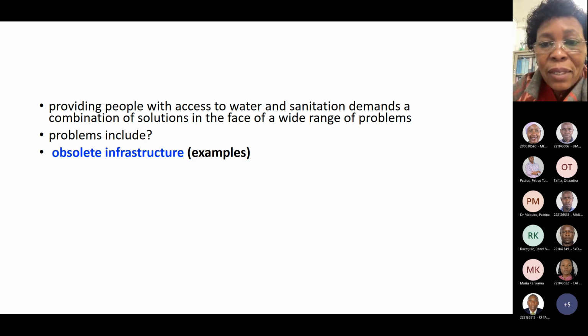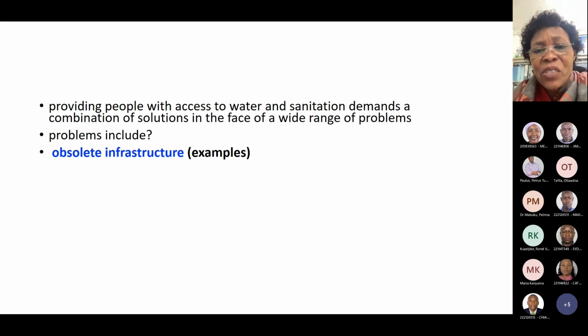One of the challenges that particular area was facing was obsolete or poor infrastructure. When water and sanitation infrastructure is put in place, in most cases it considers the number of people it is expected to serve.